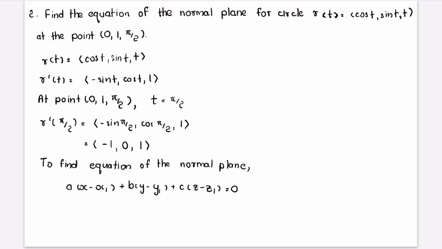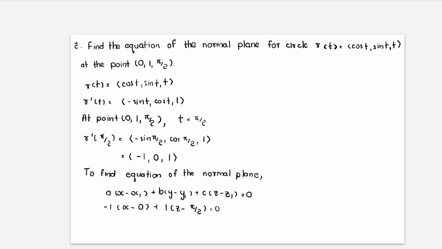What is a? a is the vector component, so a is minus 1, and x1 is the point, so 0. Since b is 0, there is no value, so 0 multiplied by anything is 0. So c is 1. z minus, what is z1? z1 is pi minus 2.